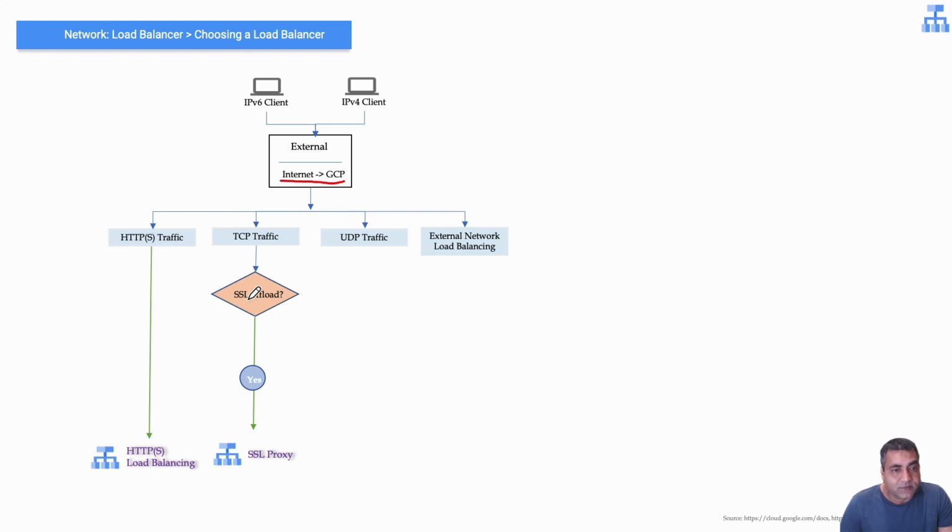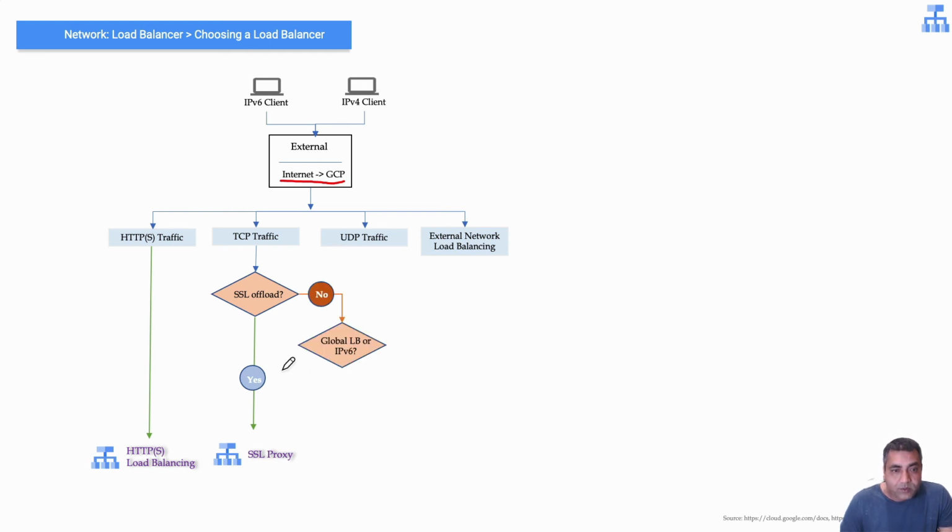So if you have a requirement of SSL being offloaded at the load balancer, then you will use SSL proxy. It provides certificate management, intelligent routing, SSL policies, and it does support IPv4 and IPv6.